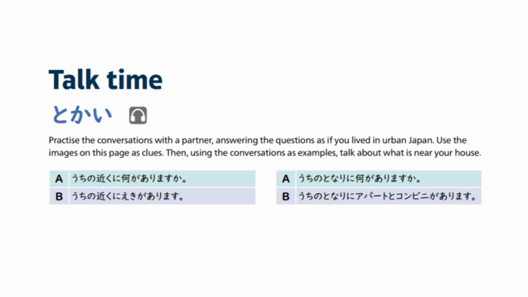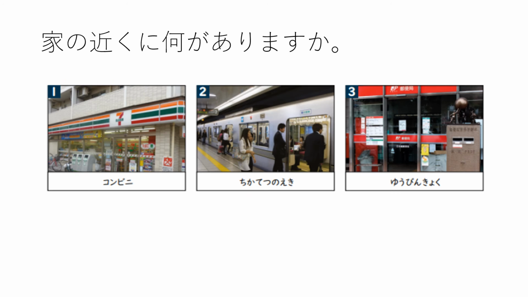So a lot of the activities coming up will rely upon these questions and answers. So I've already gone through these in the PowerPoint up until now, but here they are again, just in case you want to have a look at them. So I'm going to ask this question and let's see if you can work out how to answer it for each of these three.